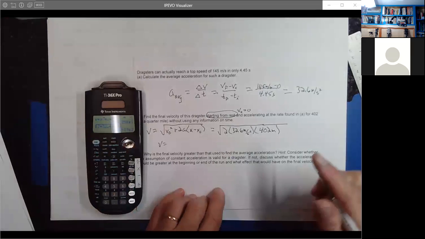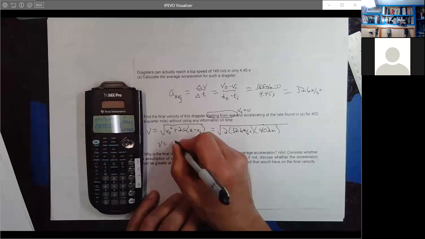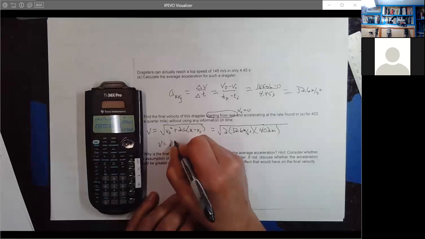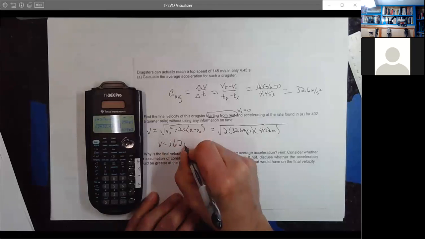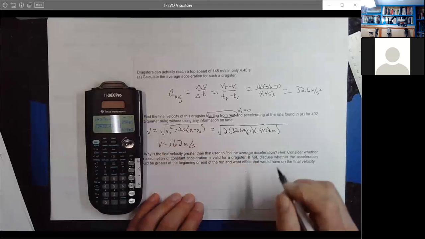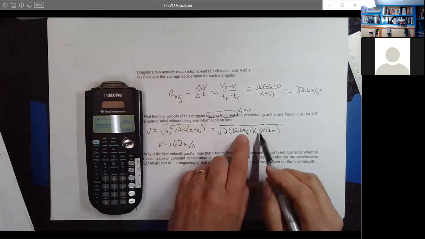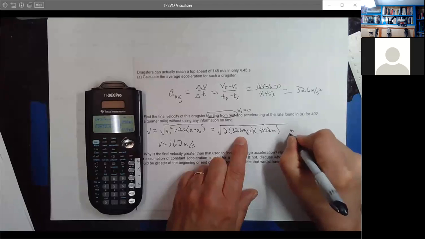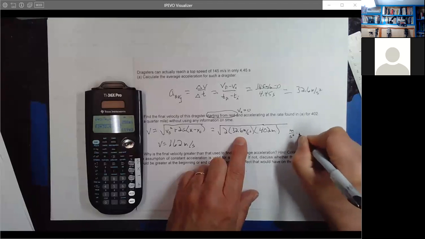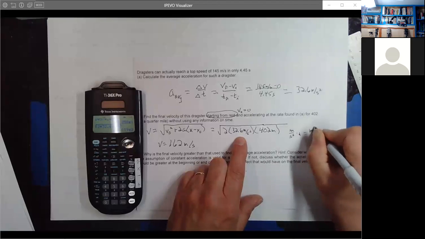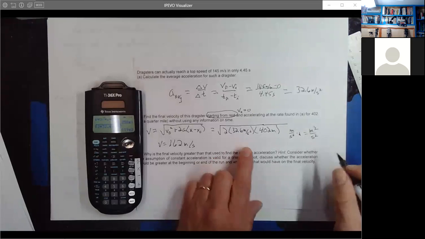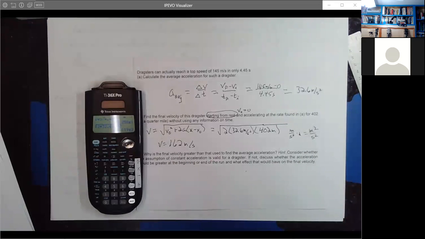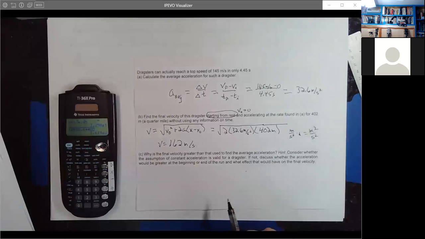Then I get 162 to 3 significant figures, meters per second. Unit-wise, under the radical, I would have meters times meters per second squared. Those equal meters squared per second squared. But when you take the square root of that, you get meters per second.